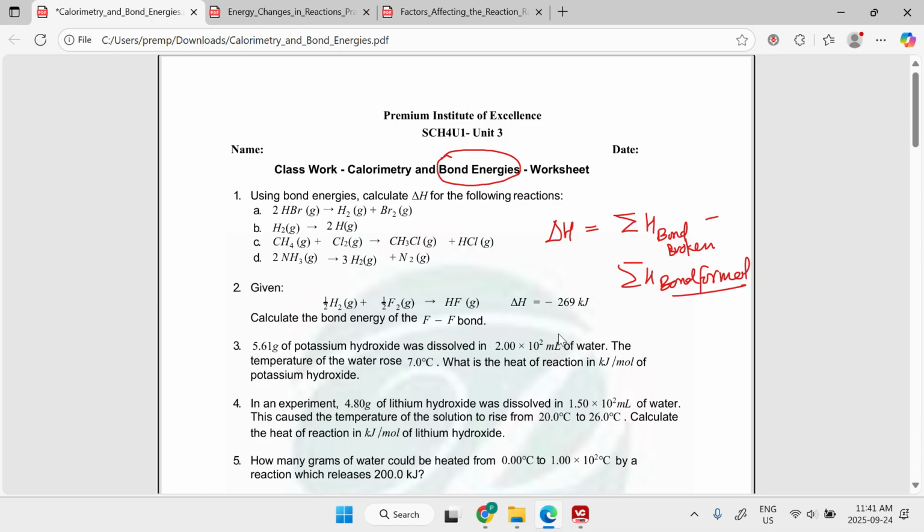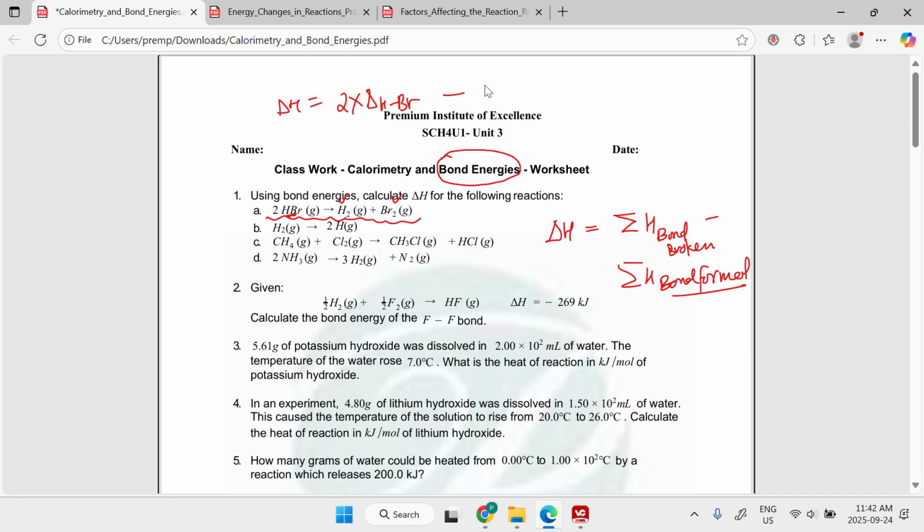If you look into any question, say we have to find the delta H based upon the bond energy. So delta H equals 2 times the energy of the HBr bond, because we have HBr bonds here, minus, these are the products, minus bond means these are the products which are formed.